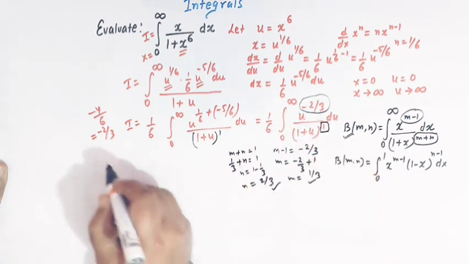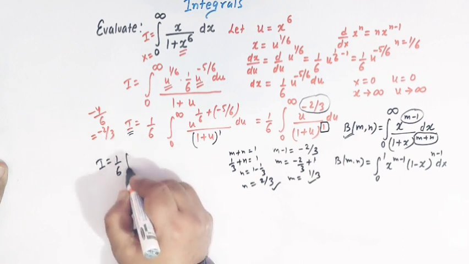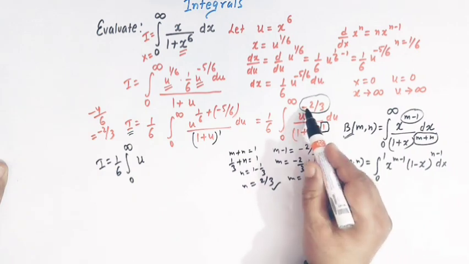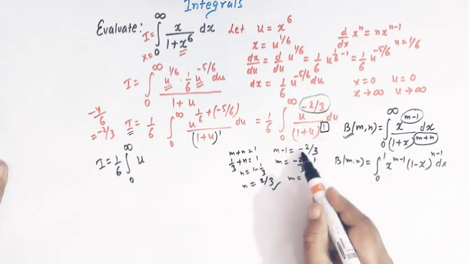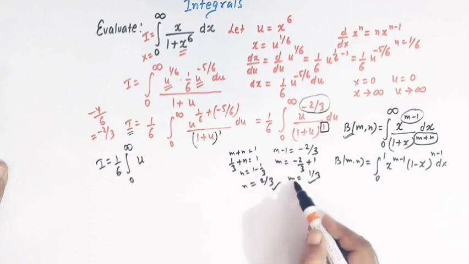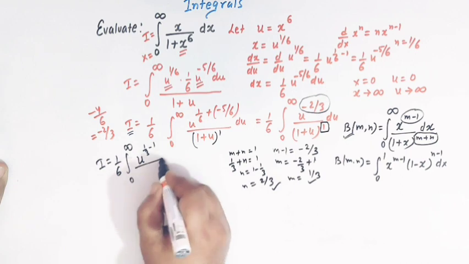So n is 2 over 3, m is 1 over 3. So now we can write this integral I as 1 over 6, 0 to infinity, and see, we have u raised to minus 2 by 3, and minus 2 by 3 is equal to m minus 1, right? And m is 1 over 3, so we can write 1 over 3 minus 1, right?